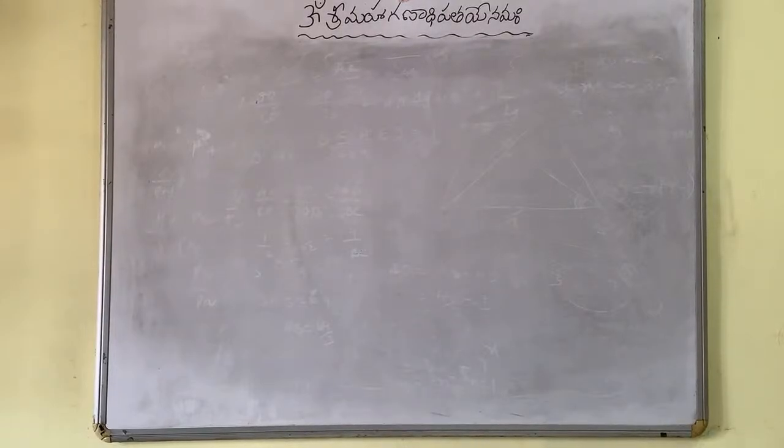Can anyone say what is the total number of possible outcomes? 36. Very good.